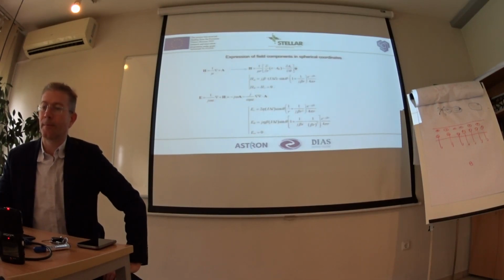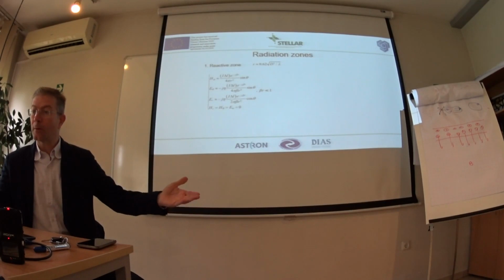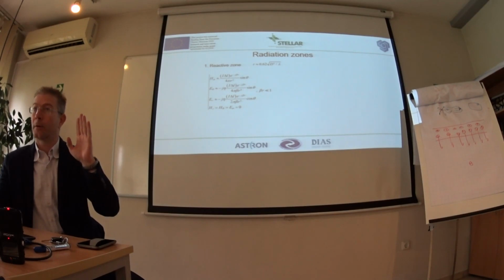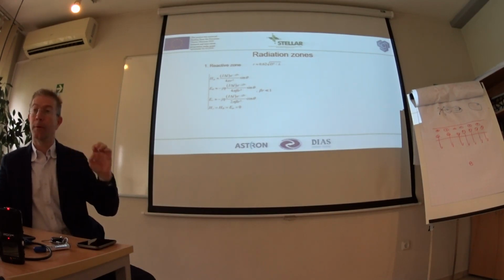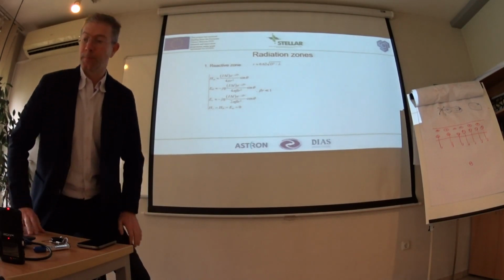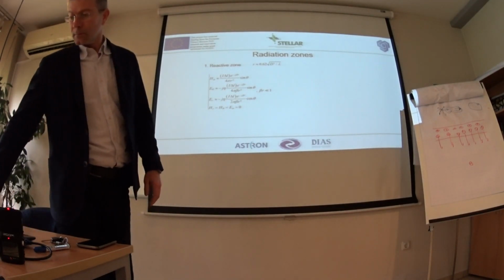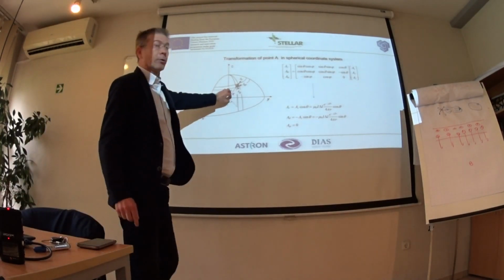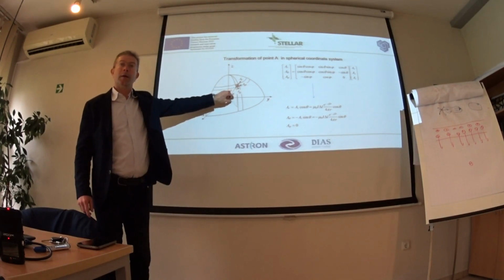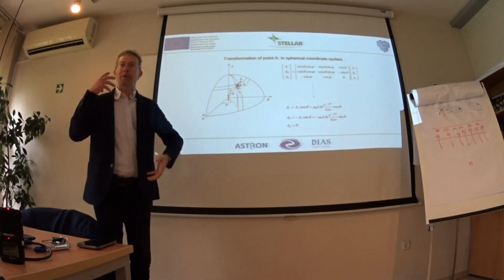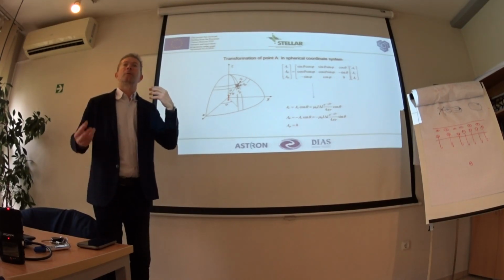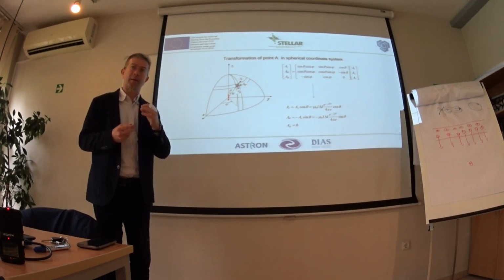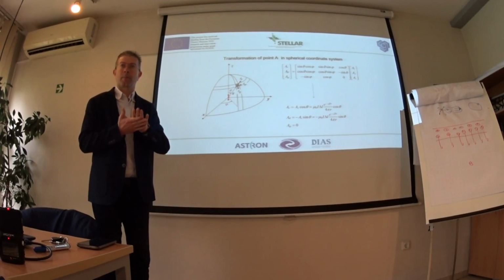Based on those derivations for the field, three zones of radiation are formed around the radiating current. The first one is called the reactive zone, which is located very closely around the source. If we stay there, we will feel a fast changing electric field, like staying between the plates of a capacitor.